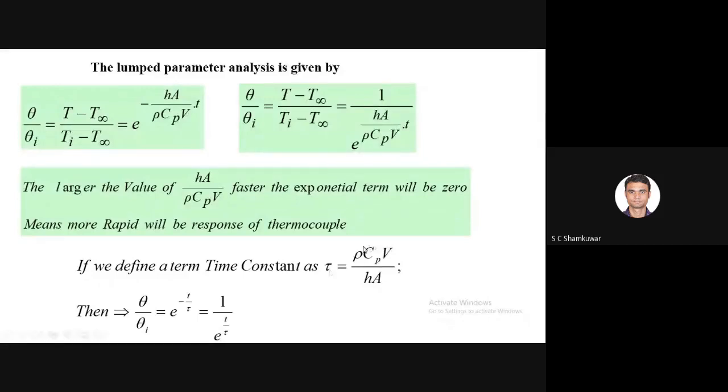If you define rho CpV by HA as a time constant, then the temperature distribution will be theta by theta I equal to e to the power minus T divided by tau, or 1 divided by e to the power T divided by tau. This term rho CpV by HA is called the time constant. You replace this and you will get the new formula, theta by theta I is equal to e to the power minus T divided by tau.